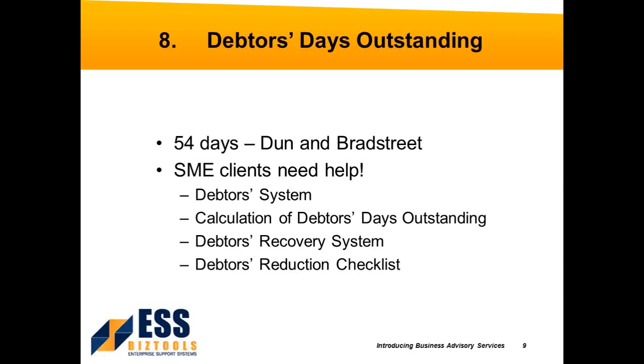Dun & Bradstreet have indicated debtors days outstanding are currently 54 days. Admittedly, it's been around the mid-50 period for some time, but what can you do about it?